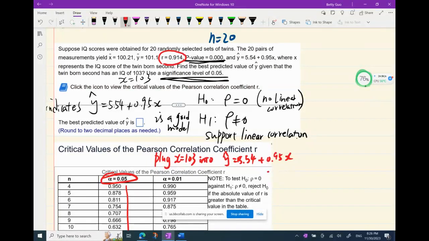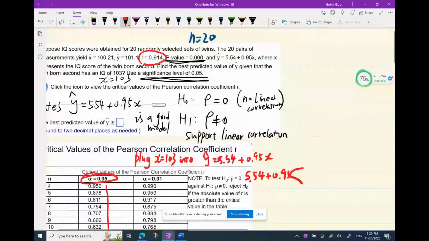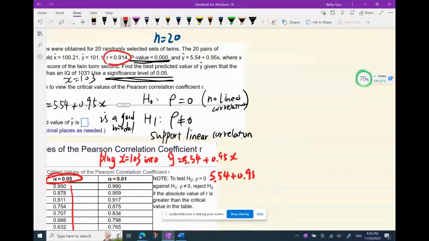We're going to do this on your calculator: 5.54 plus 0.95 times parentheses 103. Let's see what we have for that value on the calculator.